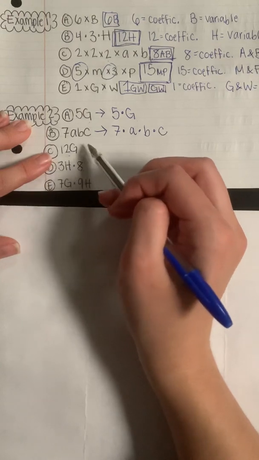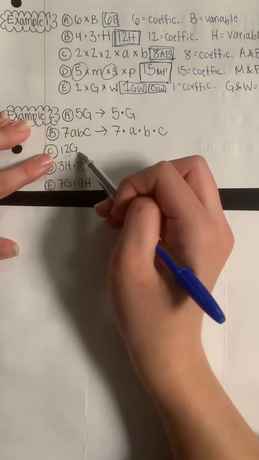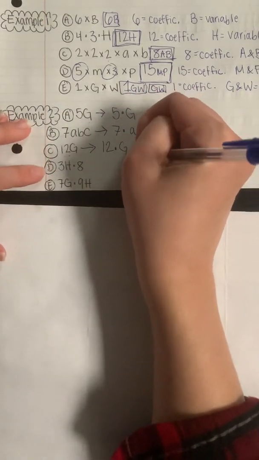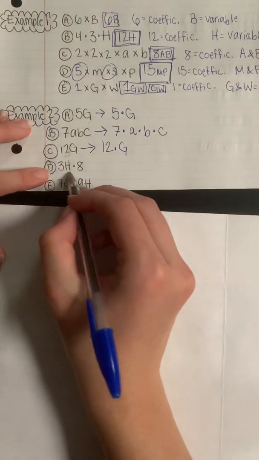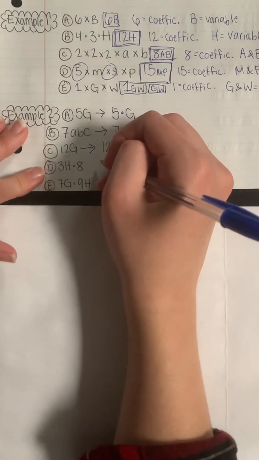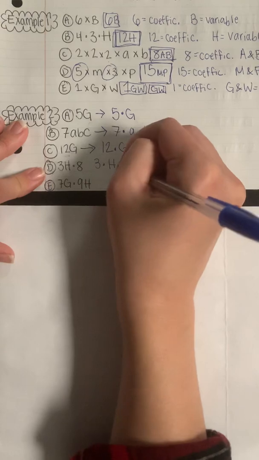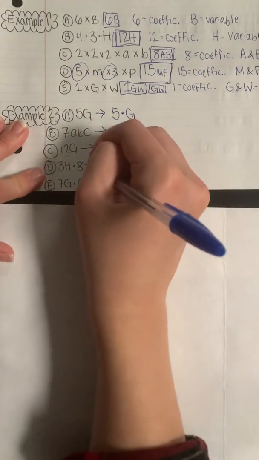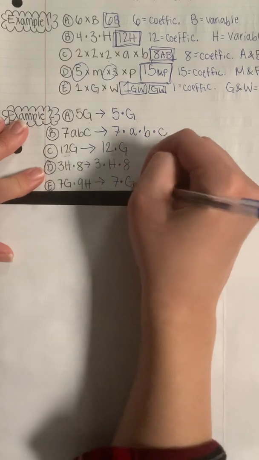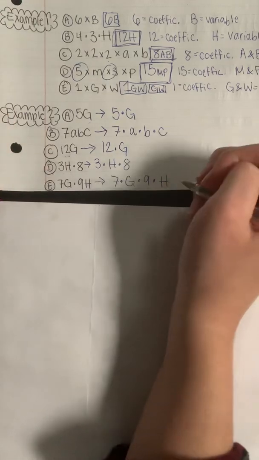So it'd be like 1G2 would be 1 times 2 times G. But since this is together, this is 12 times G. For D, we have 3H times 8. So this would be 3 times H times 8. And then finally for E, we have 7 times G times 9 times H.